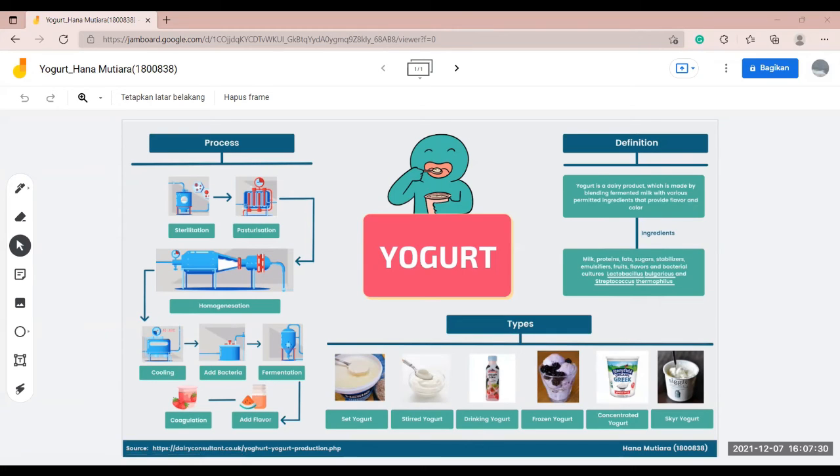So I'm curious, what is the difference between the incubation process in set yogurt and the incubation process in stirred yogurt? That's all. Thank you. Okay, thank you for the question, Yuli. It is about the difference in incubation between set and stirred yogurt, right?